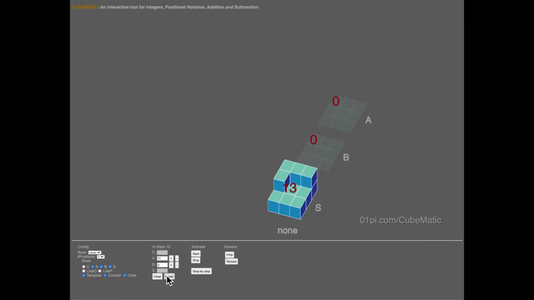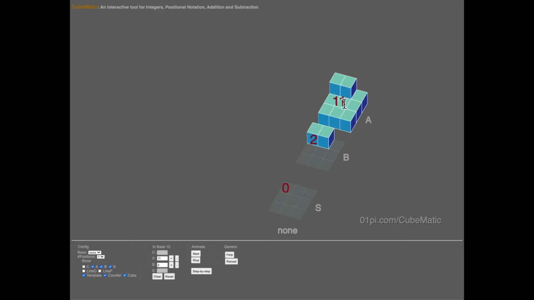One interesting thing that we can see right away is, what if I change 11 to 2 and 2 to 11? So I'll switch the positions of A and B. Initially I have 11 here and 2 here. Now I'll switch that out. So I have 2 here and 11 here.